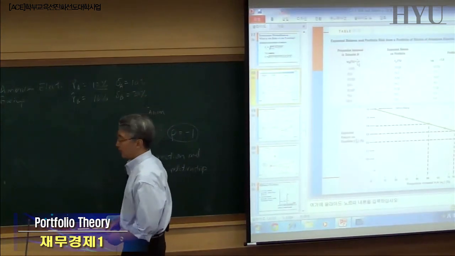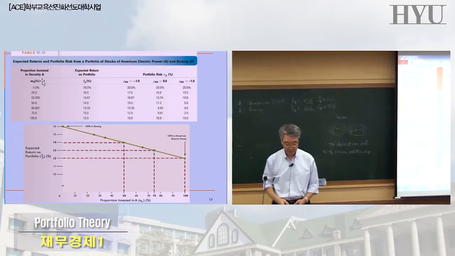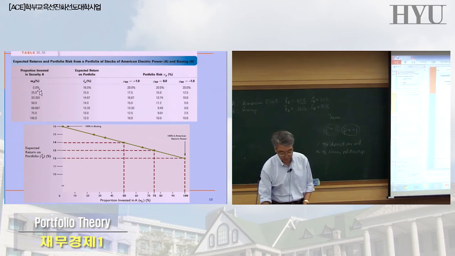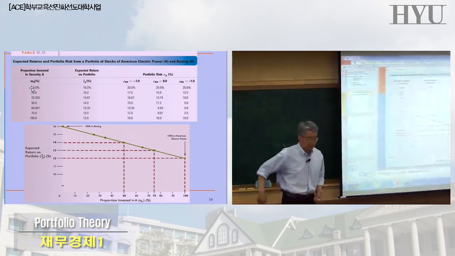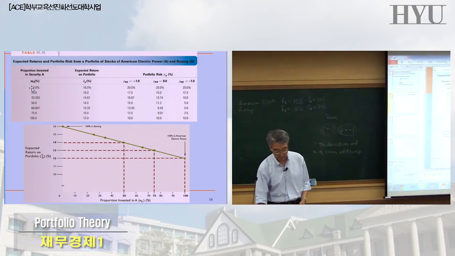Okay? So using these two particular stocks, let's think about what's going to happen to the portfolio. Okay? Well, it depends on the weight of each stock. So the first line here says 0% for A, right? Which means 100% for B, right? So what if you put your entire investment in Boeing stock?